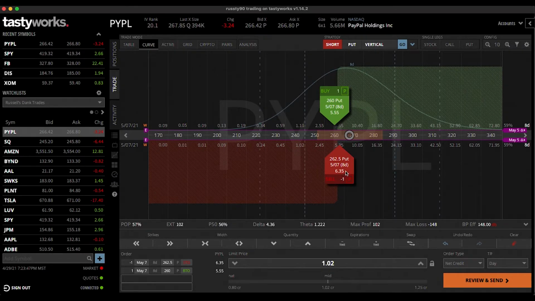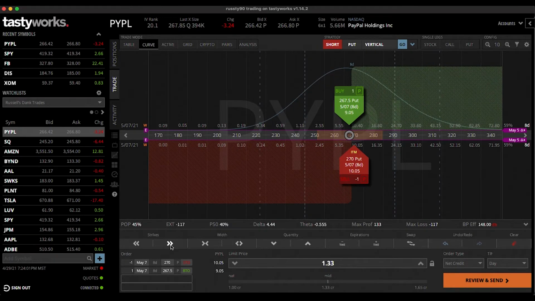And you're thinking to yourself, Russell, I don't have 100 shares. No problem. You just do a short put vertical, and you give back some of this money to buy this one, which is $5.55. Let's look at the at the money one. This one's $8.75, which is $7.80, which means you get back a lot of the money that you received to buy this one. And this one puts you in possession of 100 shares.